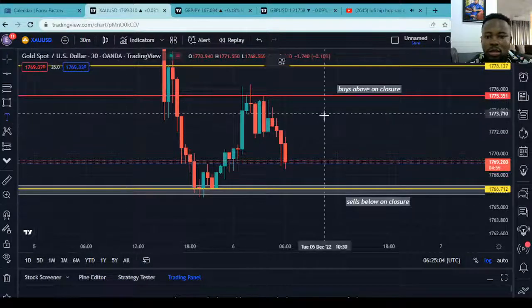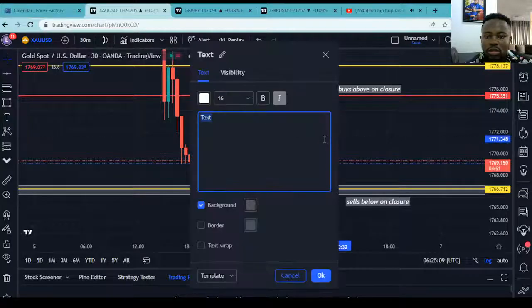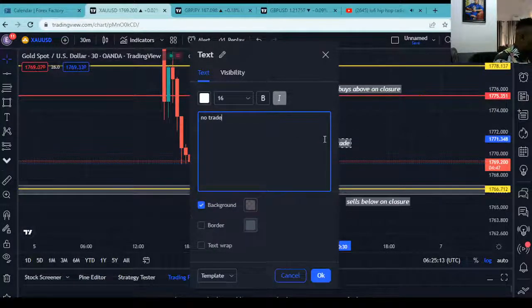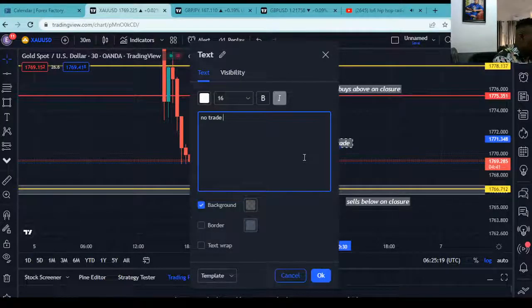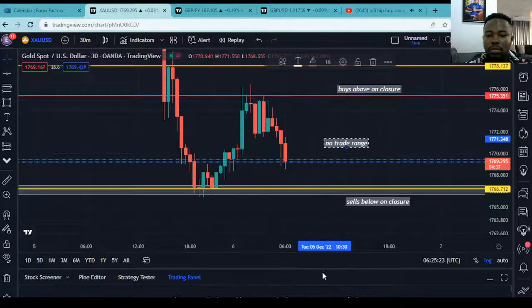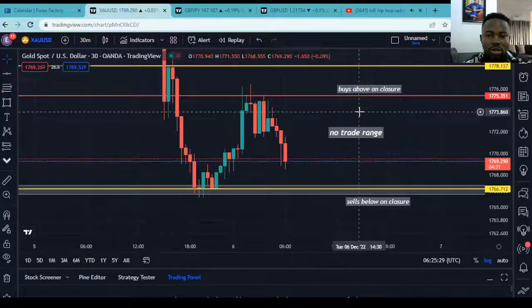Then this is our no trade range. Okay, let's call it range. So we're not going to be touching gold in this range.